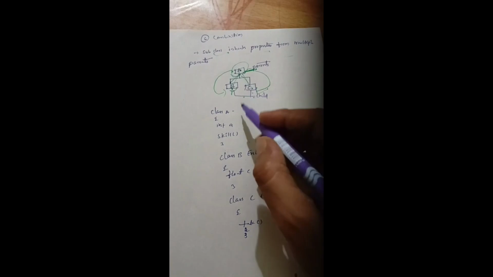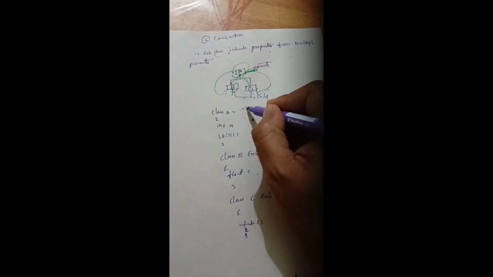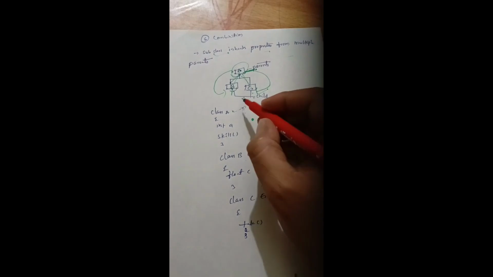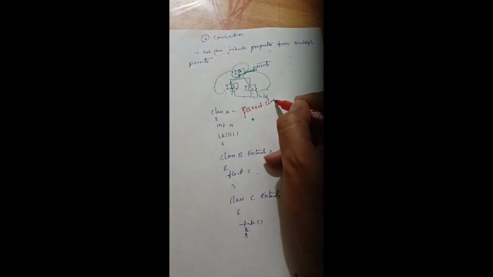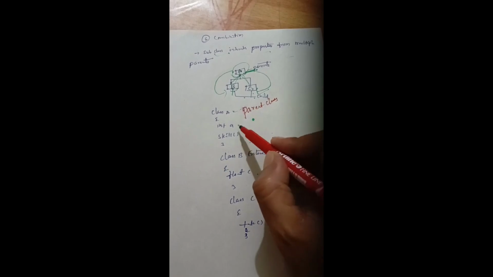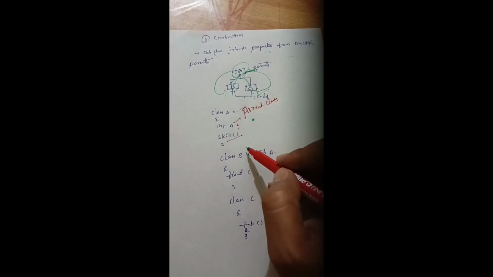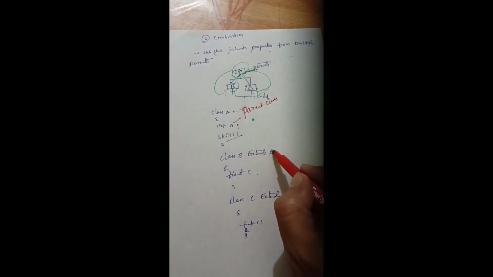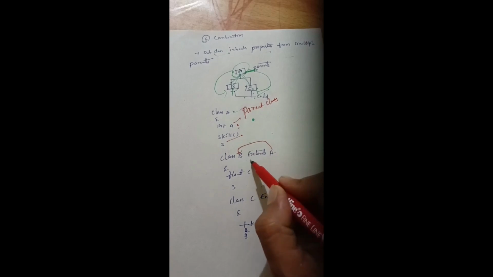Suppose A is the parent class. A is the parent class, and the parent class contains int A and skill method, two properties, and we extend A to B. You use the extends keyword.